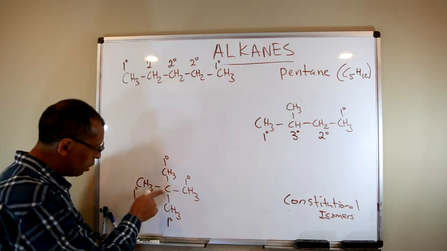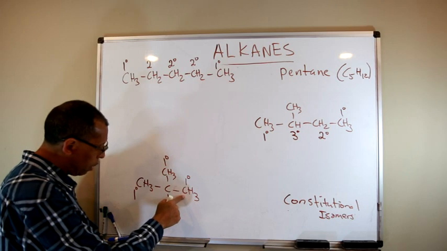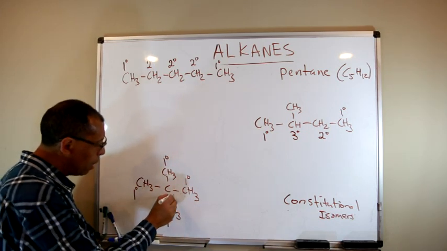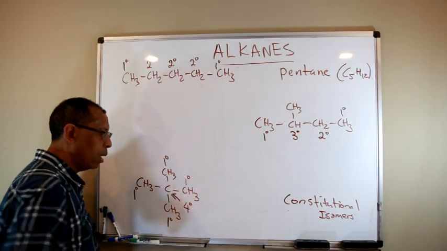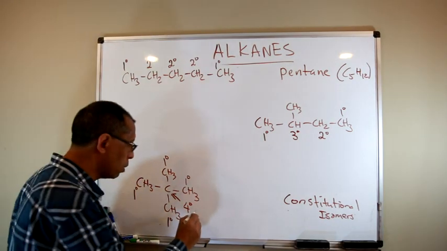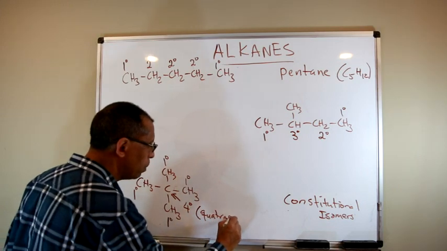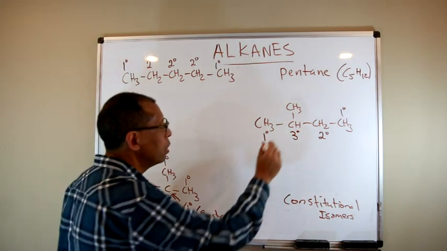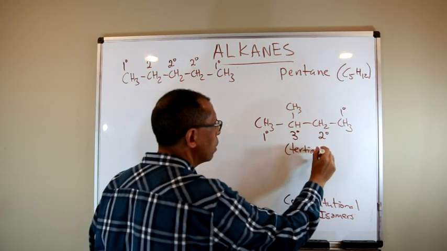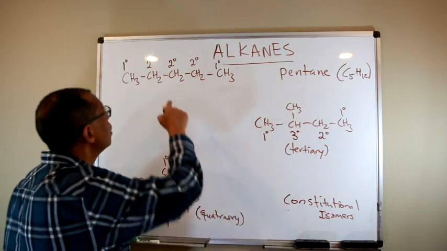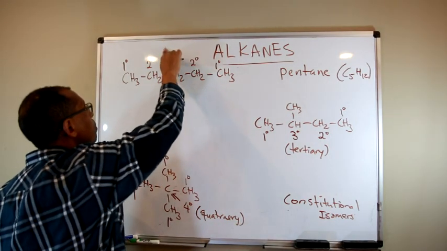But remember, this one is attached to one carbon here, 2 carbons, 3 carbons, 4 carbons. This carbon is called a quaternary carbon. This is called a tertiary. These are called secondary.